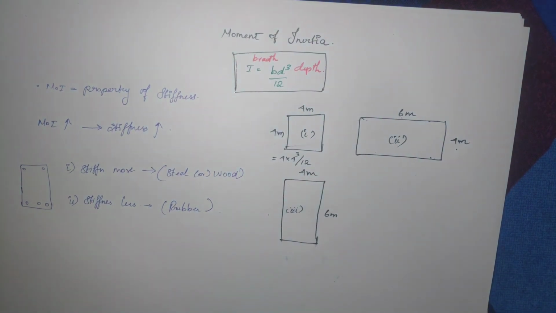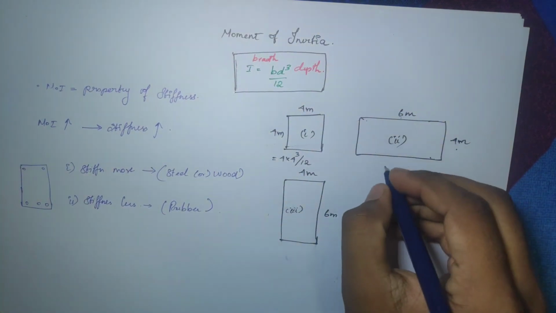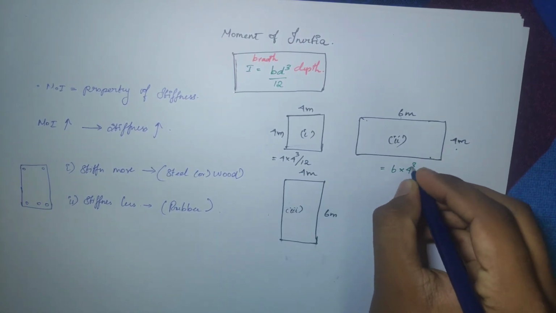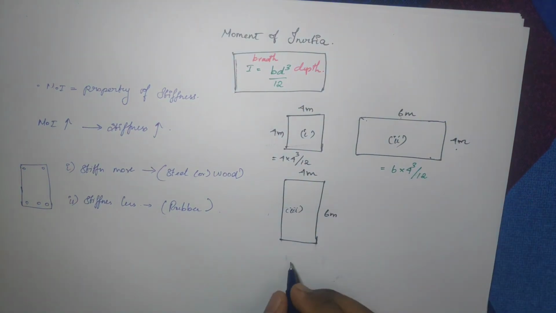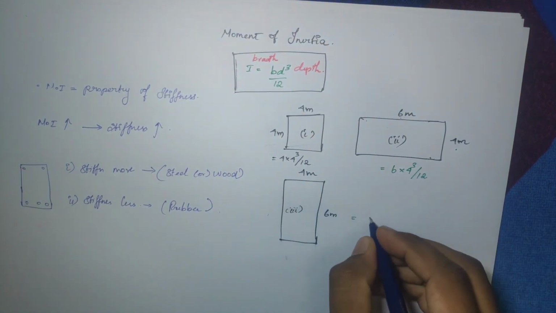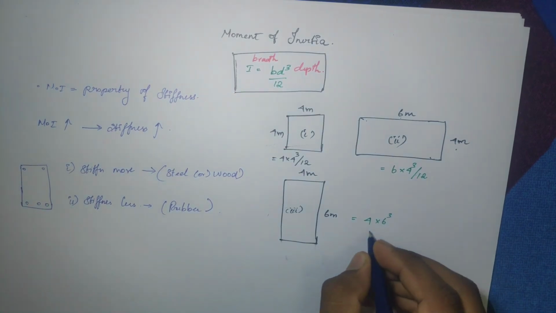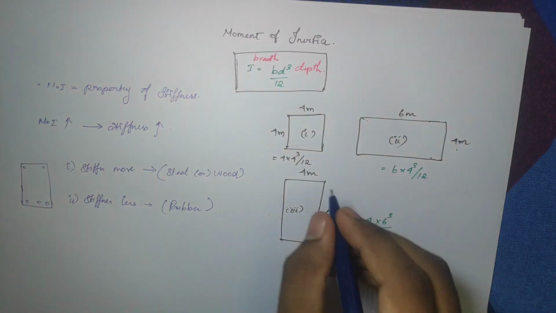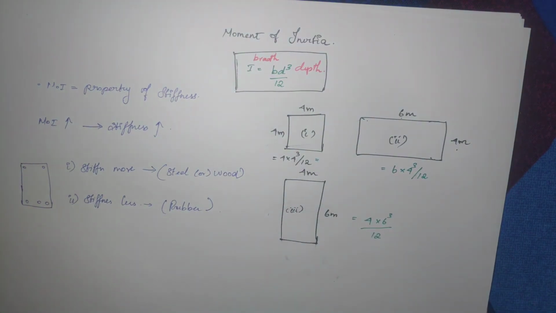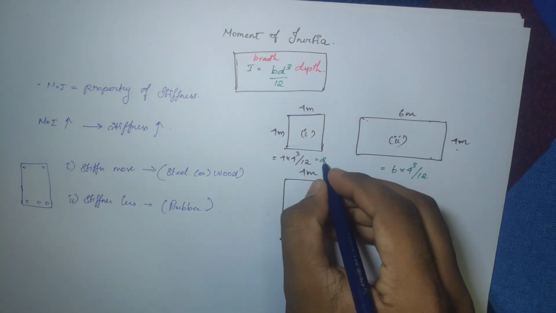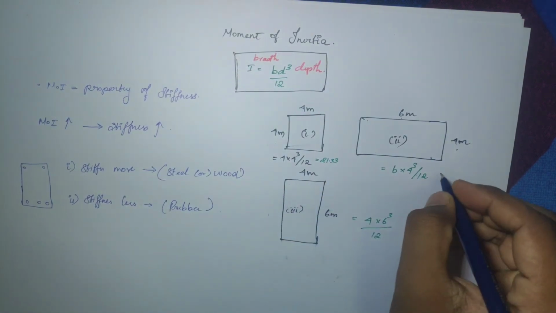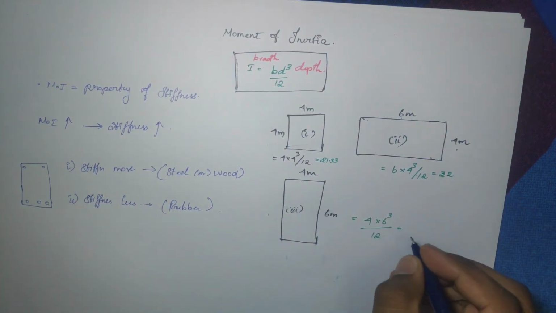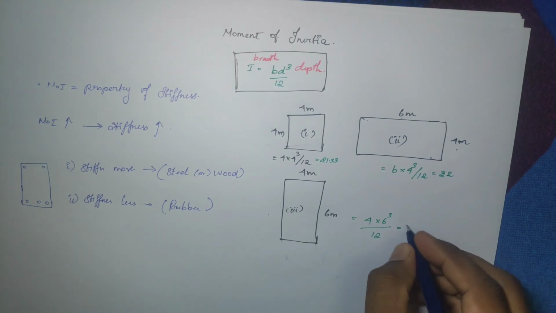For the second beam, the width is 6 meter and the depth is 4 meter cubed, by 12. And for the third section, the breadth is 4 meter and the depth is 6 meter, 4 times 6 cube by 12. If you work out the answers, the first comes to 21.33, the second to 32, and the third to 72.